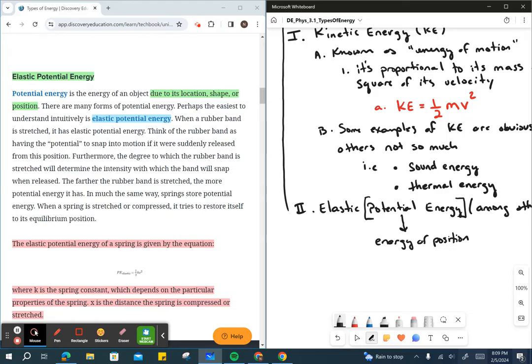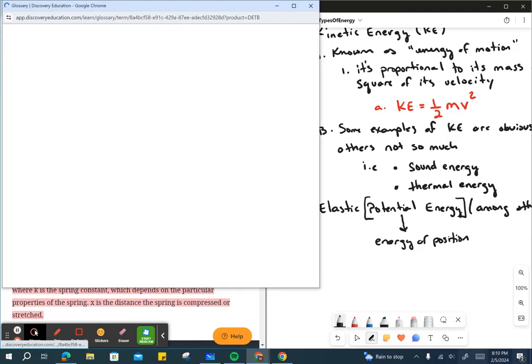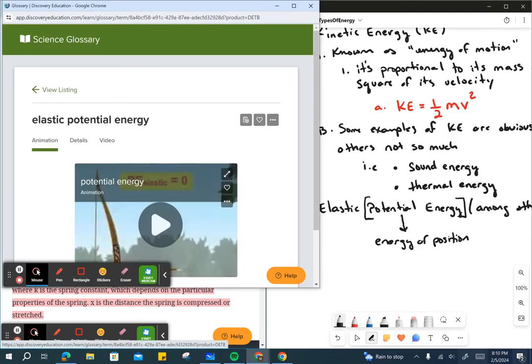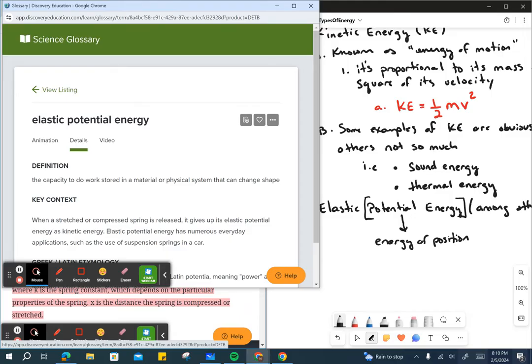Okay, so let's see here. We talked about energy of position. Let's go ahead and click on this one here. If you read the following sentence, it says, when a rubber band is stretched, it has elastic potential energy. Think of the rubber band as having the potential to snap into motion if it were suddenly released. If I click on this definition here, we're trying to understand this: the capacity to do work stored in a material.